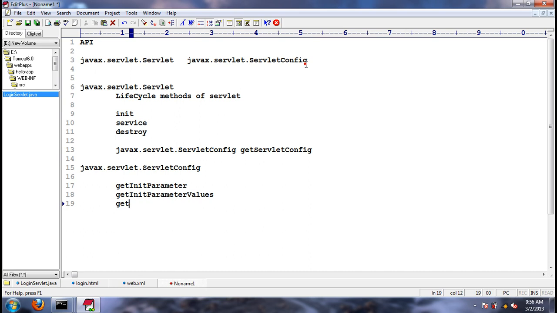These are the four important methods that exist in ServletConfig. And getServletContext will return javax.servlet.ServletContext.